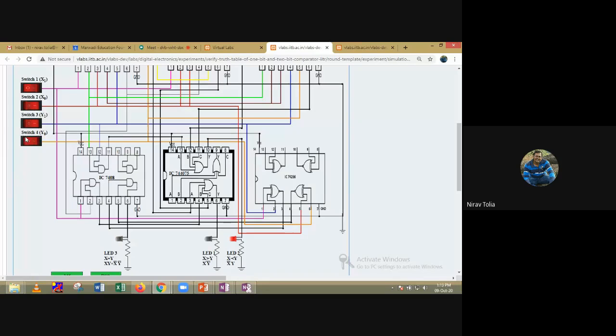Then 0110, X is less than Y. Then 0111, again X is less than Y. Next one is 1000. So 1000 is A greater than B. 1001, again A greater than B. Next is 1010, it is equal. 1011, again less than.